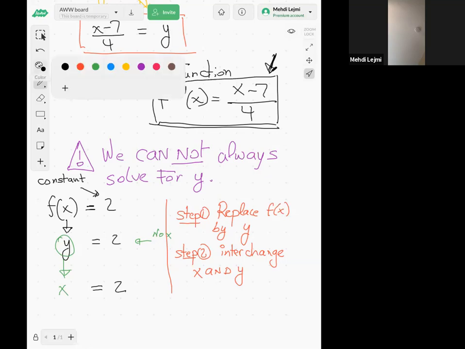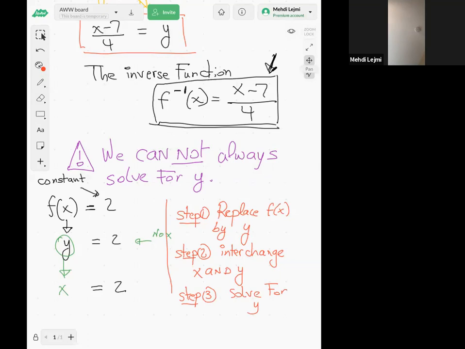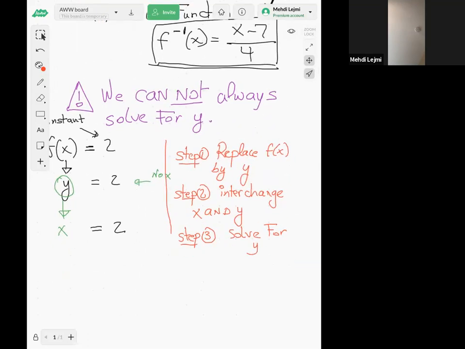Now step 3, I'm supposed to solve for y. But that's not possible because there's no y, right? Here x is equal to 2.